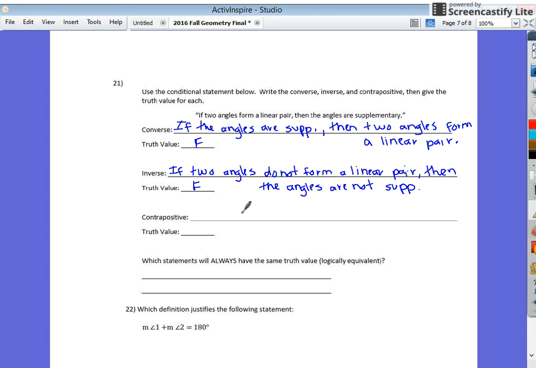The contrapositive, remember, is kind of a combination of both of these. We're going to switch and make negative.